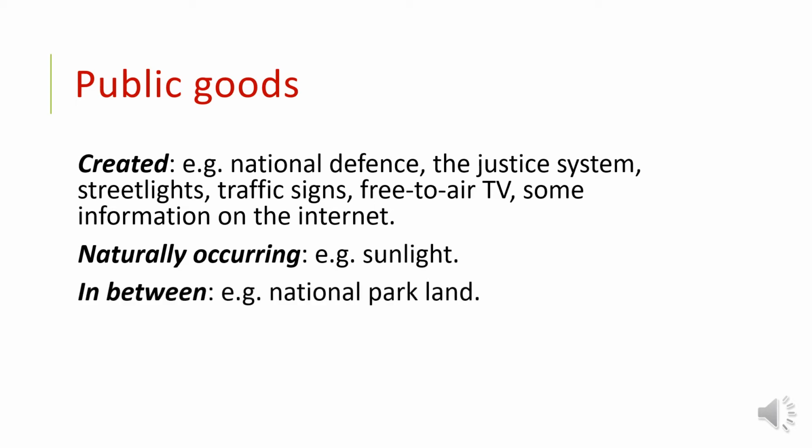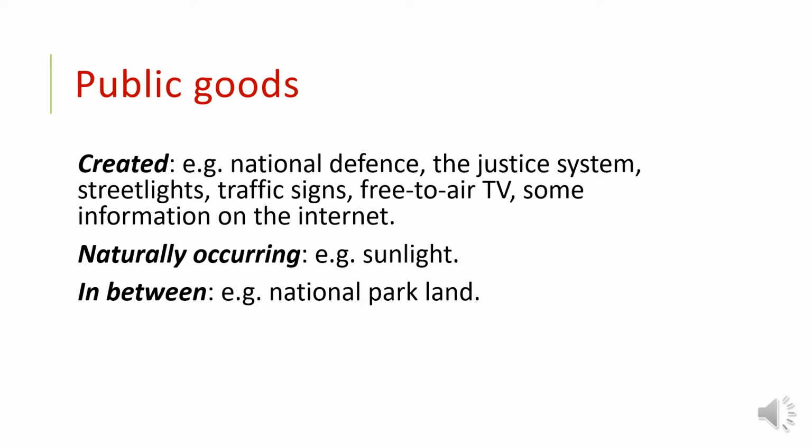And of course, there's kind of in-between cases. So if we think of national parkland, for example, in some respects, this is a naturally occurring public good. People can't be excluded from enjoying the benefits of it, and the amount of parkland doesn't diminish as more people use the parkland.